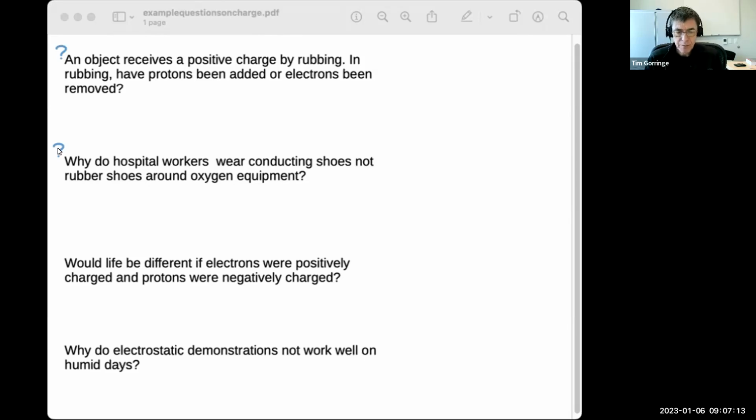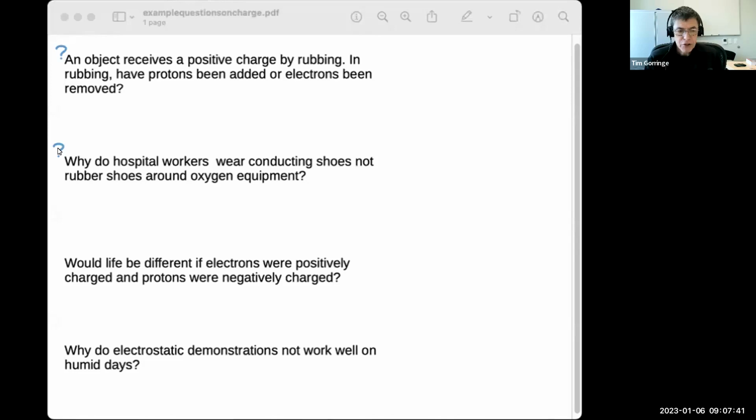For that reason, for an insulator, charge can build up through rubbing. Charge can accumulate through rubbing, and you can accumulate large amounts of charge over time. On the other hand, for a conductor, charge can't accumulate. Charge can't build up in the conductor because charge will flow away in the conductor. Charge will move around in the conductor.